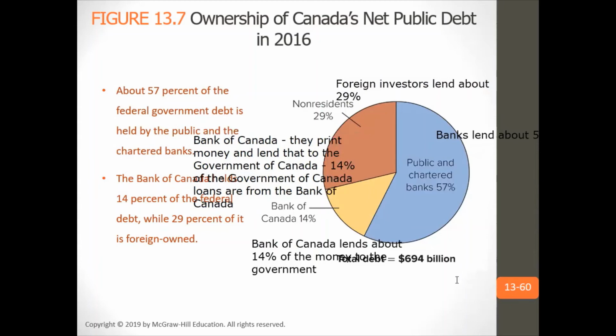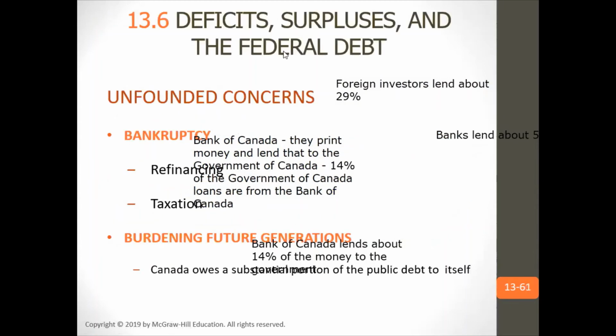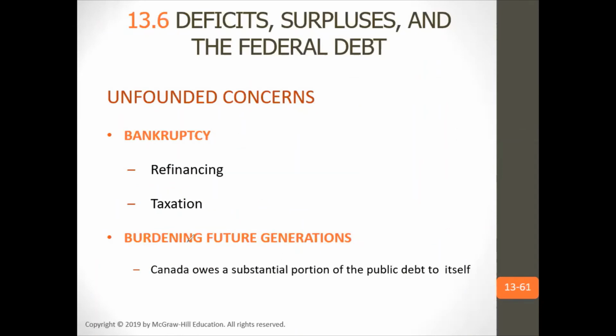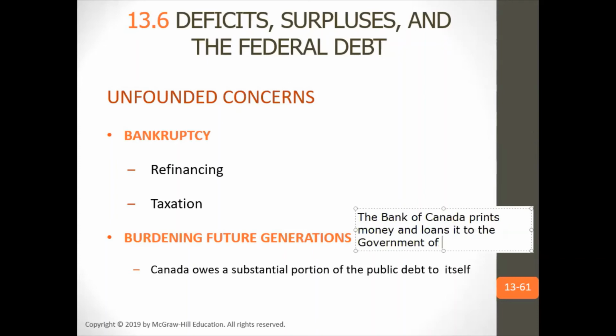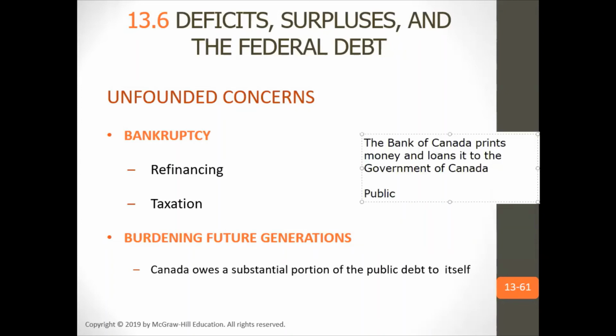So that's how the money is provided. And so Canada owes a substantial portion of the public debt to itself. When they say that, it means that the Bank of Canada prints money and loans it to the government of Canada, and the public also lends.